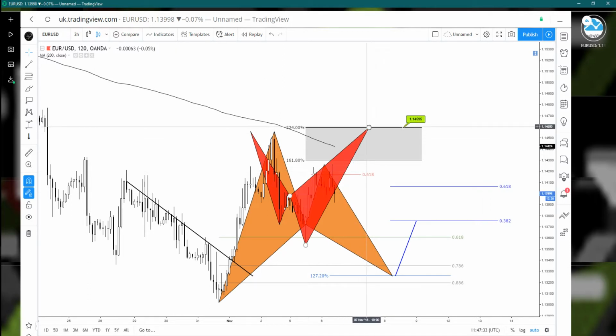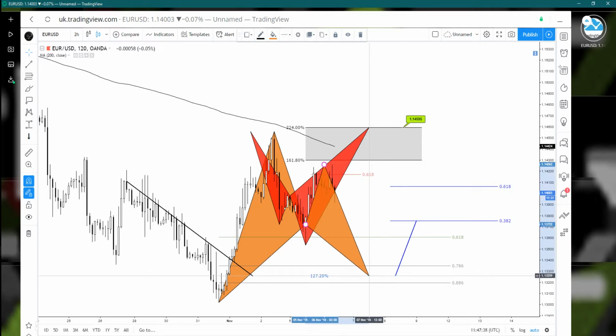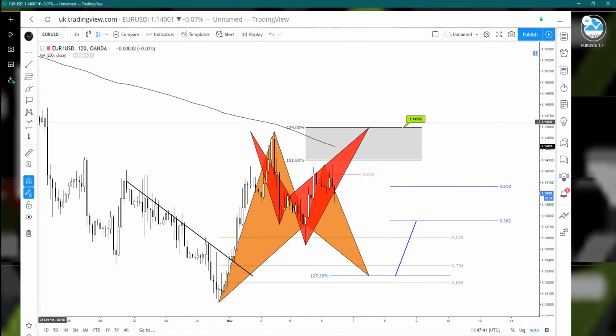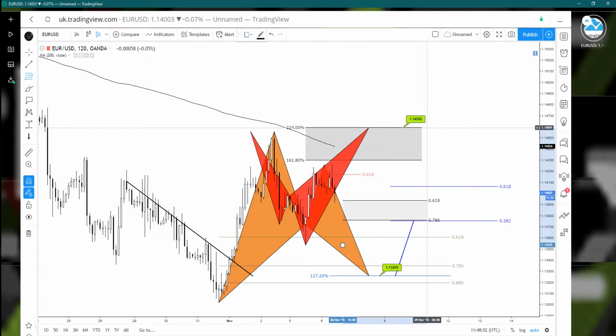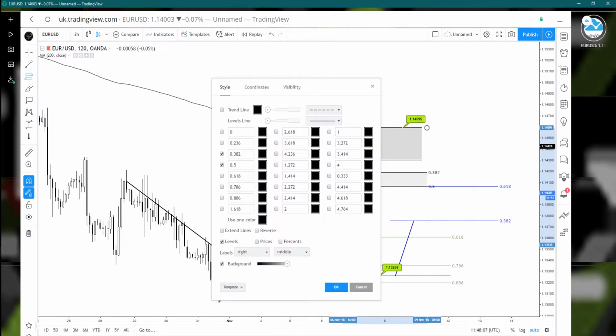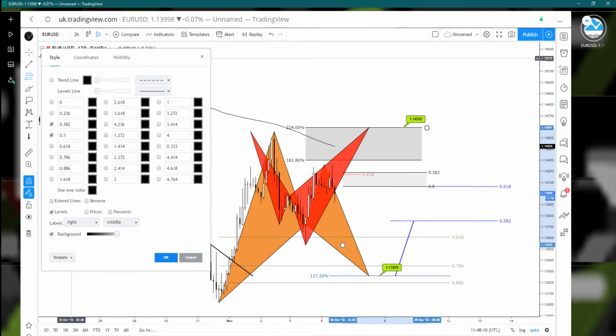So if the market fails to trade above, below we have the potential for one eventual Gartley pattern, which is positioned at 127 extension and is positioned at 113.25. So this is the default target for the Gartley pattern. The market tends to search for the 38% retracement, and the target for the eventual bearish shark is positioned at 50% retracement, but usually I will use the previous price structure.